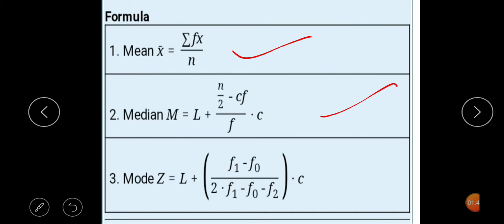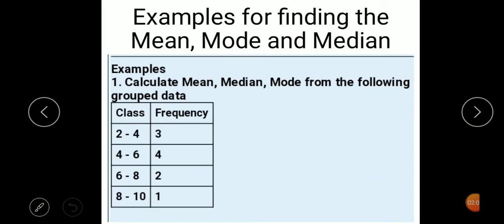That formula we have already discussed: mode is equal to L plus (f1 minus f0) divided by (2f1 minus f0 minus f2), multiplied by class size. So dear students, let's see an example of how to find the mean, mode and median.